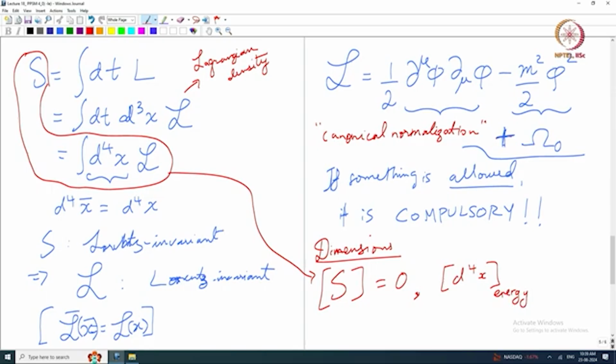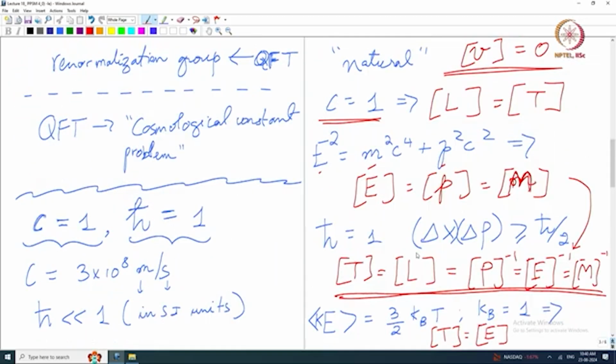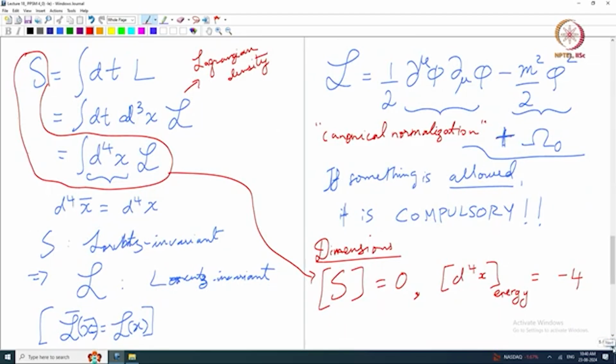In these units, the dimensionality of the measure is just -4. Remember we saw that length and energy had inverse dimensionality, right? So this is -4.